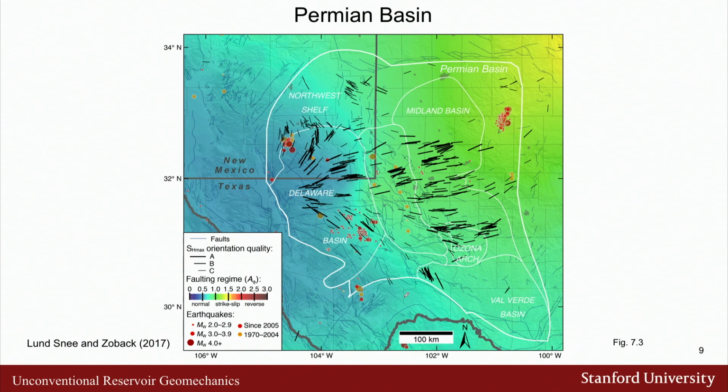But when we zoom in, we can see the same principles now applied to a stress map of the Delaware Basin, of the Permian Basin, that we published in 2017. And as I alluded to in a previous lecture, the orientation of stress is quite uniform in the Midland Basin, more or less east-west.